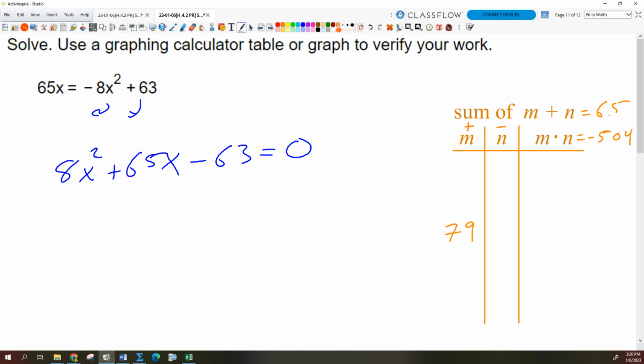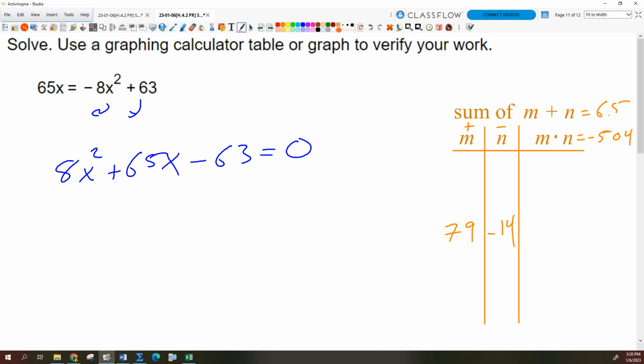79 plus what is 65? Negative 14. Everybody agree? Those add to 65. Okay, so that's going to be way too big, isn't it? So we need smaller numbers. It's going to have to be a little bigger than that.